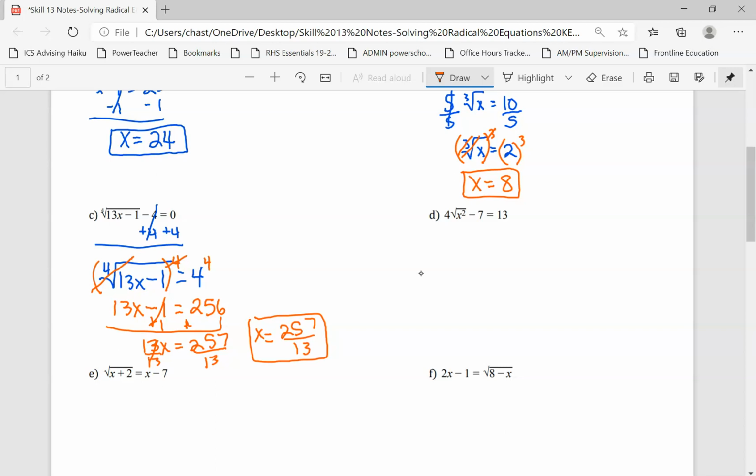Okay. All right, next one, add 7 to both sides. And this is 4 radical x squared equals 20. Divide by 4. Square root of x squared equals 5.